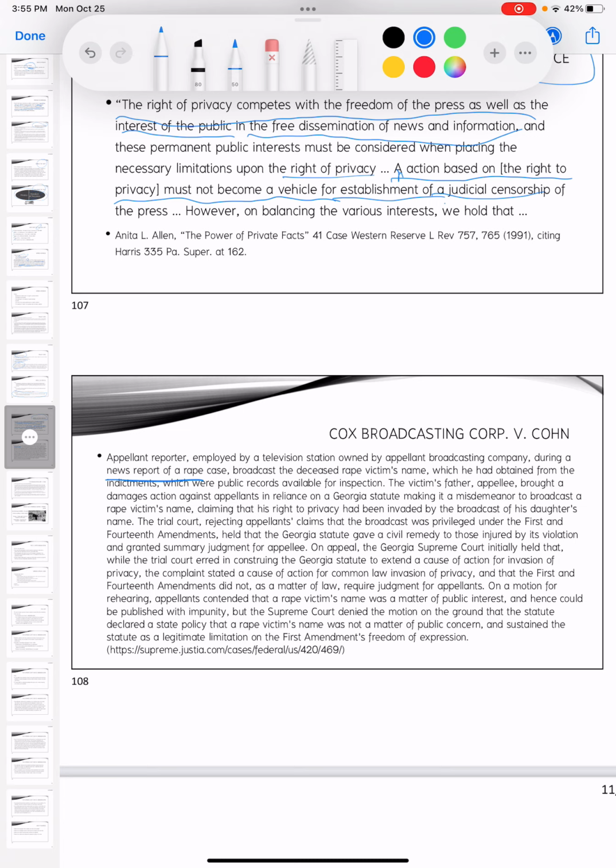And the victim's father came to the court to sue this corporation. And the court said that this is okay because Cox Broadcasting Corporation obtained the information from the public record, which is the court decision, which is published. It is publicly available. Anyone can access it. Okay.